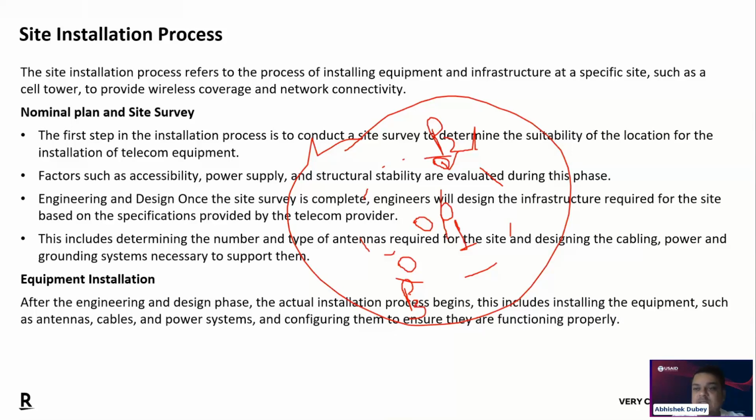So these sites also need to be surveyed, and there is a detailed explanation on how the survey can be performed. So you have to survey everything, like whether the infrastructure is appropriate to install the tower or not, the power requirement, where you will get the required AC connection in that place.